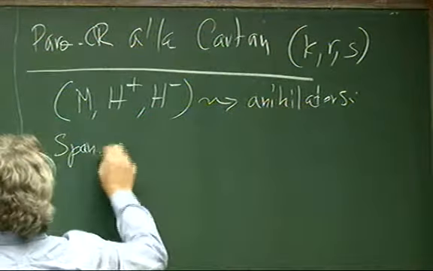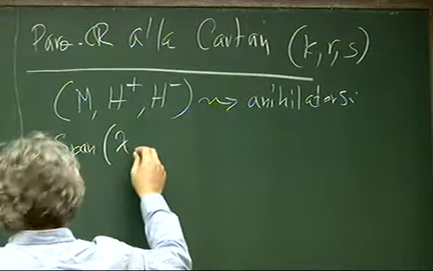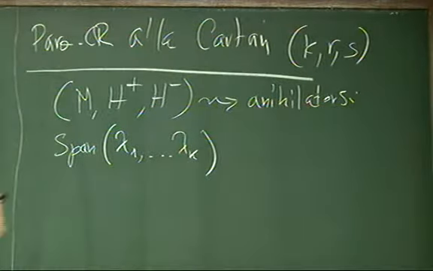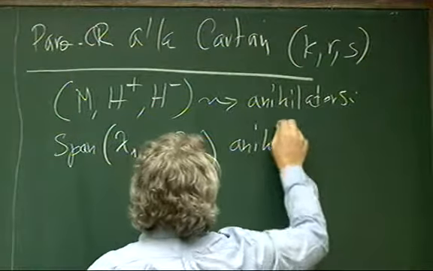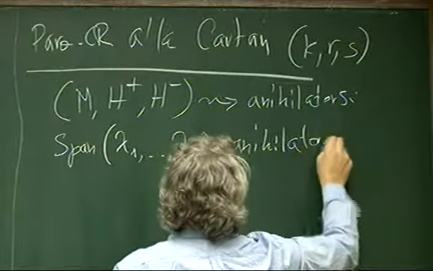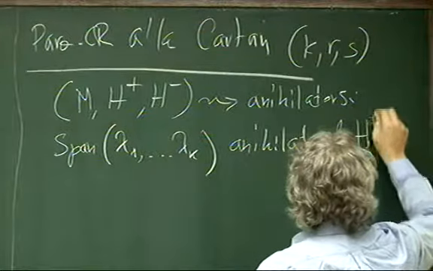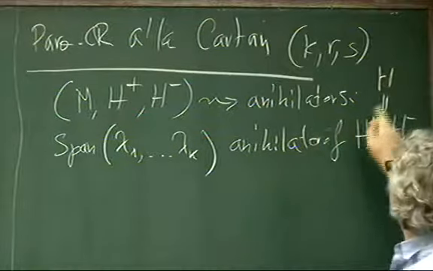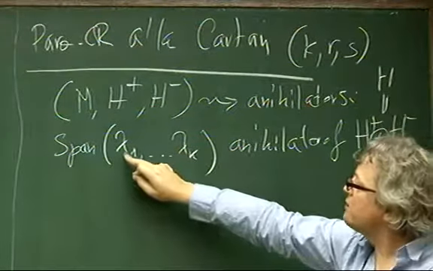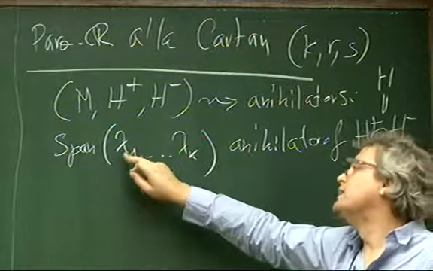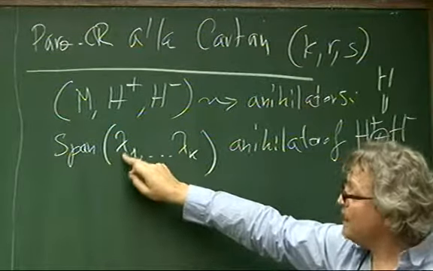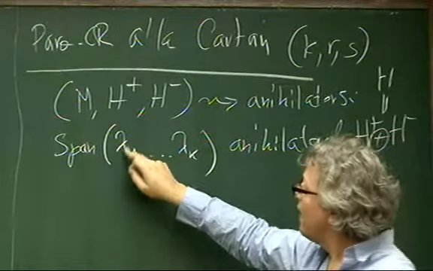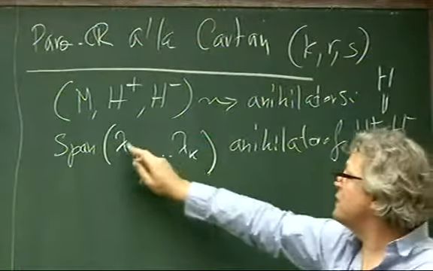So the span of K forms lambda 1 to lambda K is the annihilator of H plus H minus, which is my entire H. So first I look for the annihilator of H, and this defines some one forms lambda 1, lambda k.